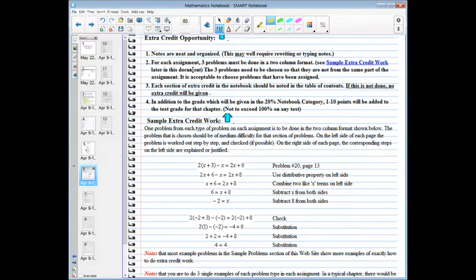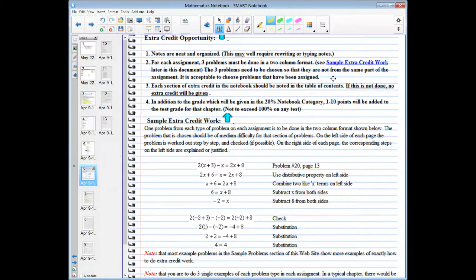Anyway, number 2, for each assignment, here's the big deal. Out of the assignment, which is usually, I don't know, 10, 15, 20 problems, whatever it's going to be, pick out any 3 of the ones that I assign to you in what I call a 2-column format. Notice it says it is acceptable to choose problems that have been assigned.